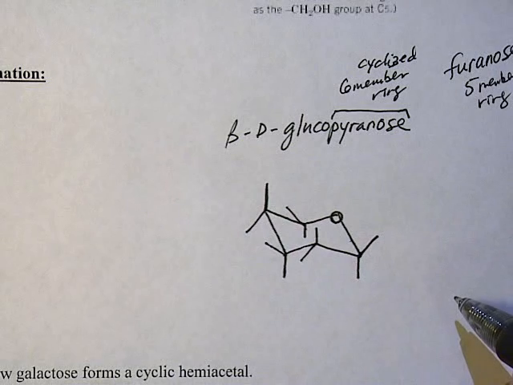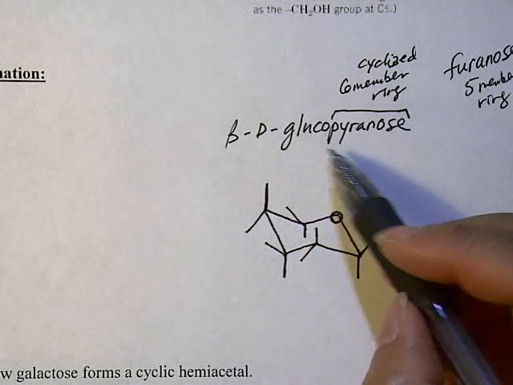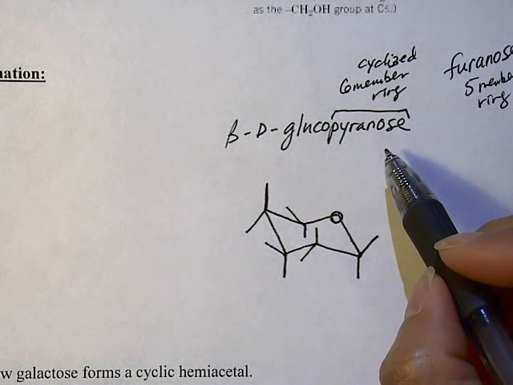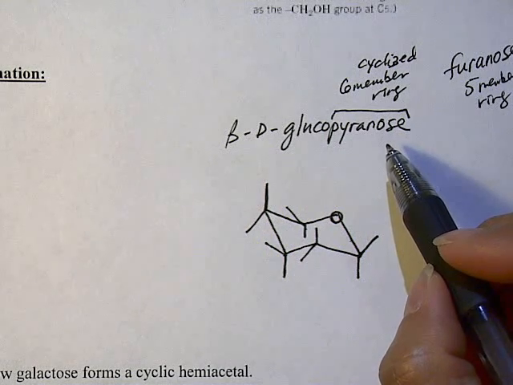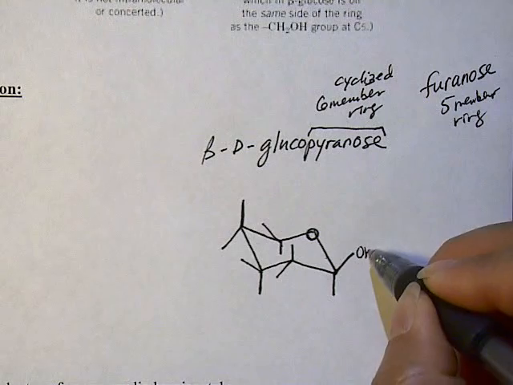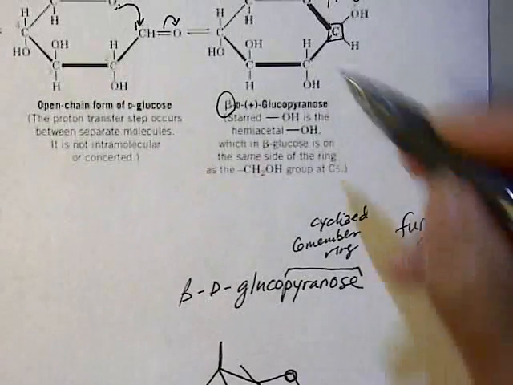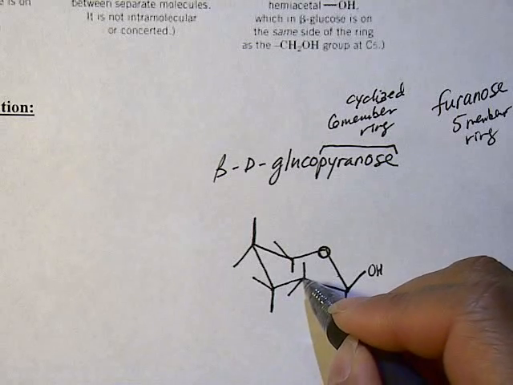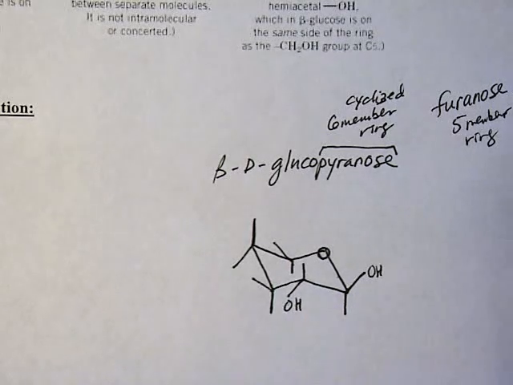Those are your equatorials. Now, when you draw the beta D glucopyranose, you'll see that, for example, the C1 OH is up, so it's in this position, the equatorial. And on C2, the OH is down, and that would still be equatorial.